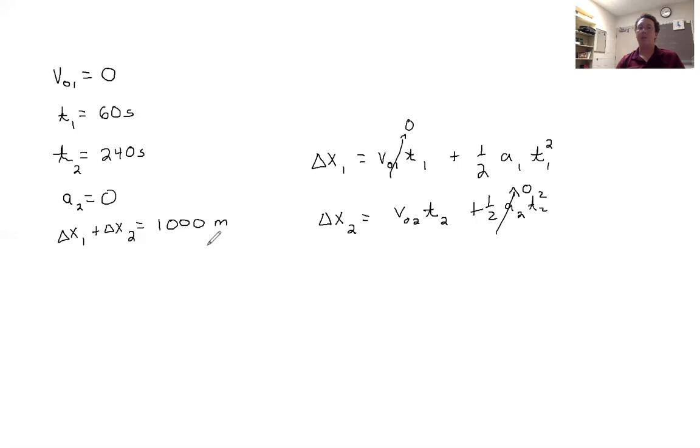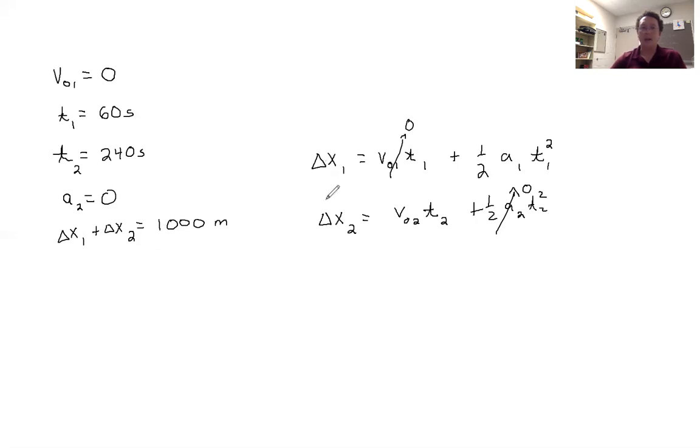I haven't used this information, so I want to leverage that fact to motivate what I should do next. I don't know anything about delta x1 directly, and I don't know anything about delta x2 directly, but I do know that if I add them together, I have this extra fact. So let's try to do that.